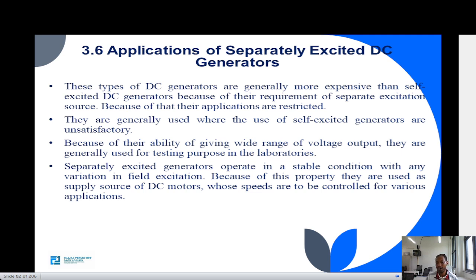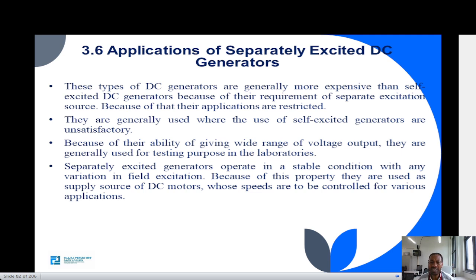So it allows a wider range of output voltage than a self-excited system, which allows different output voltages to be generated.